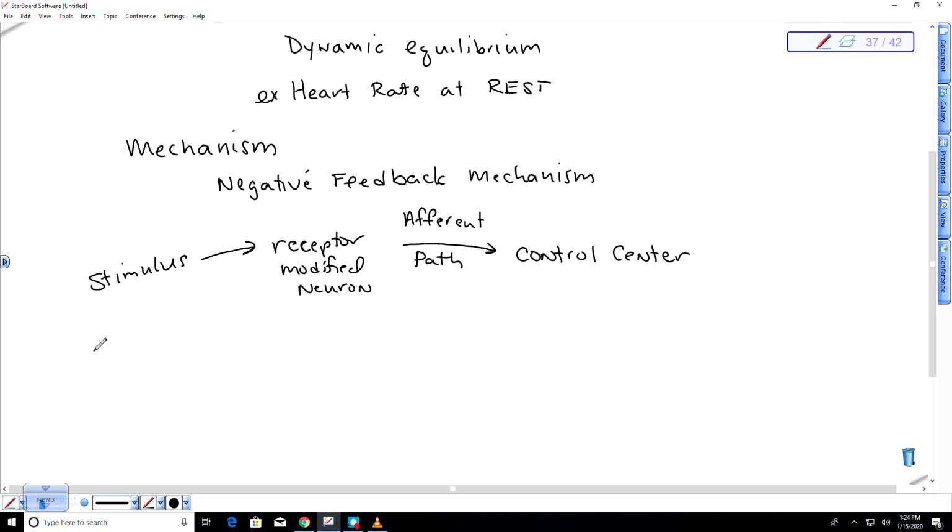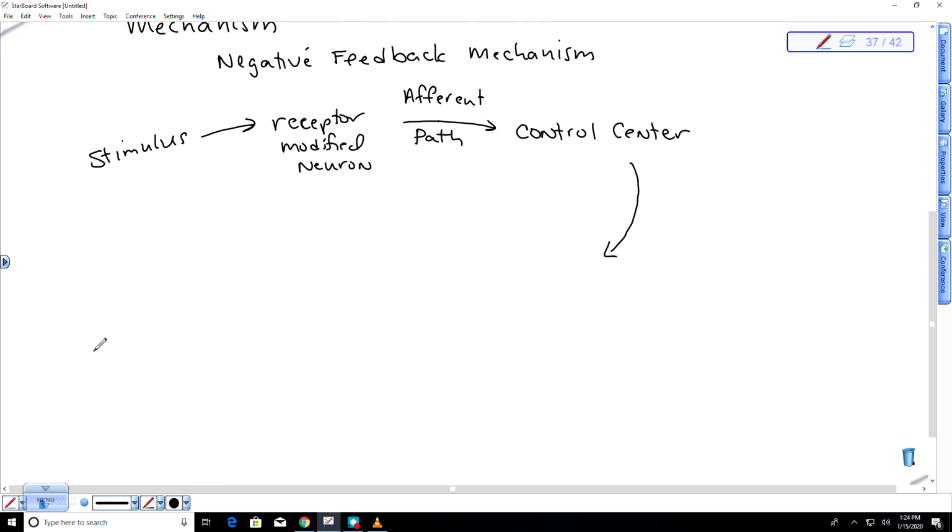I just remember that A comes first, because from the control center, when it sends a signal out, this could be hormonal or nervous, it's going to send it via the efferent path. And this is going to go to the effector.